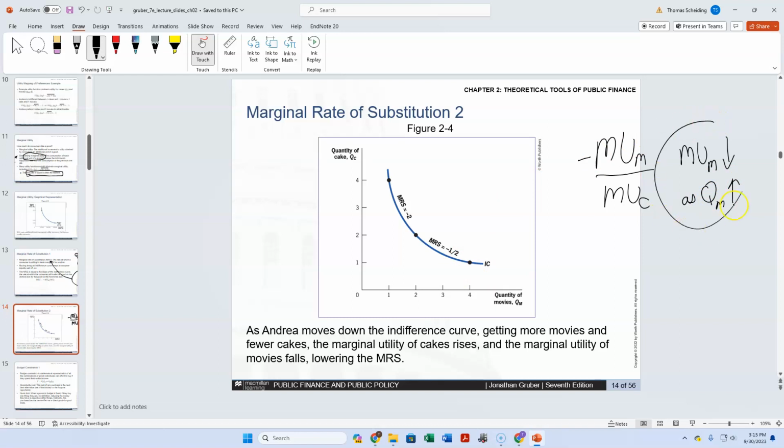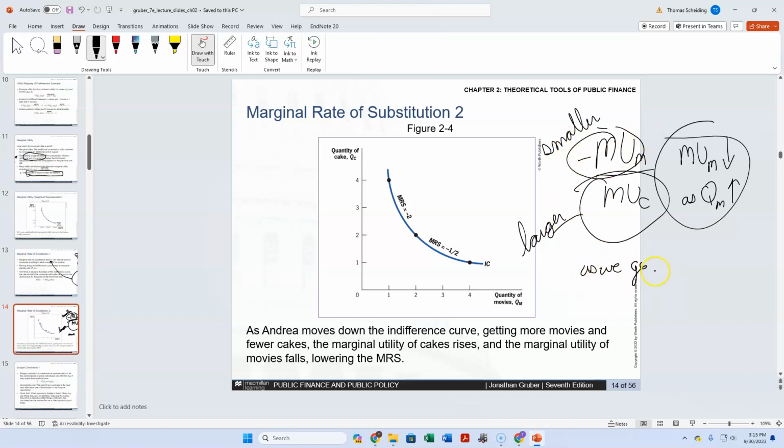So that would mean that the numerator is getting smaller and that the denominator is getting larger as we go from left to right.